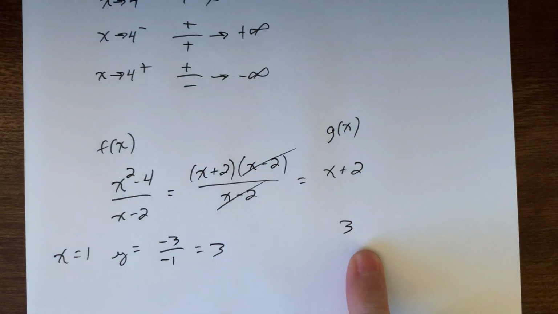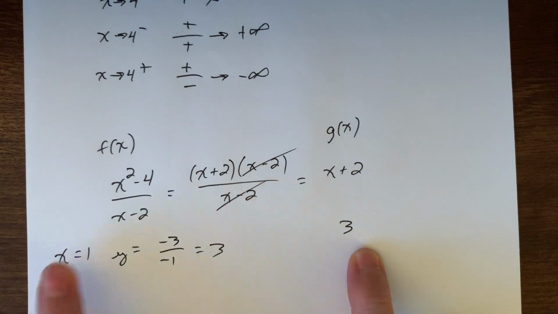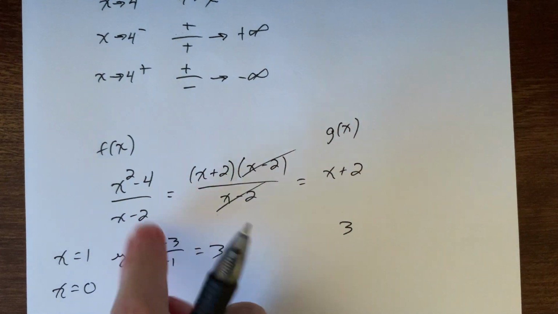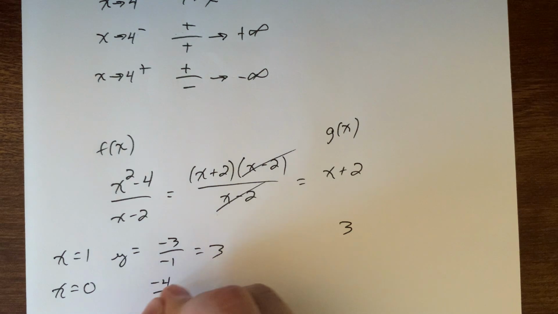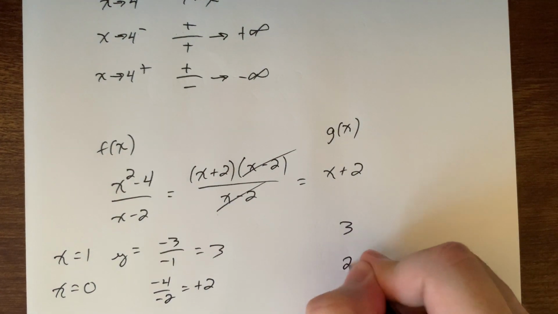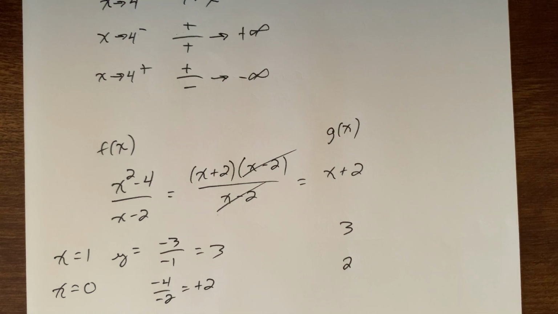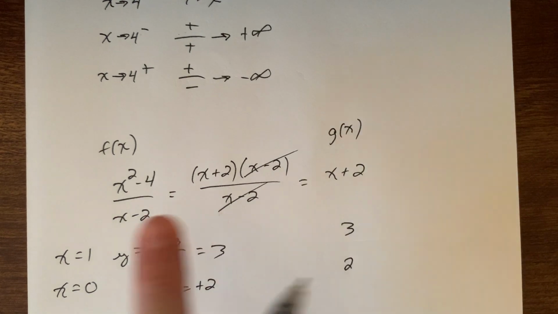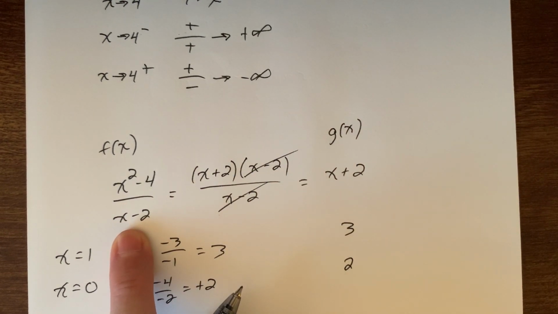I still get positive 3. So when x is 1, I get the same y. When x is 0, here I get minus 4 over minus 2, which would give me positive 2. And over here, 0 plus 2 gives me 2. And I could keep going on and on and on. These two functions are going to match for every x value except x equals 2.